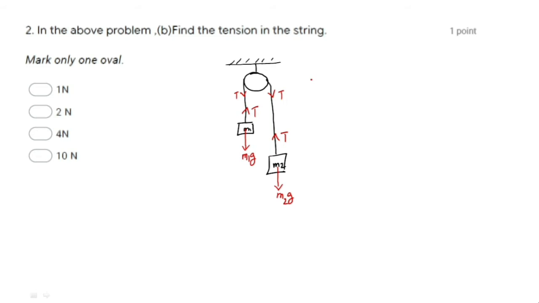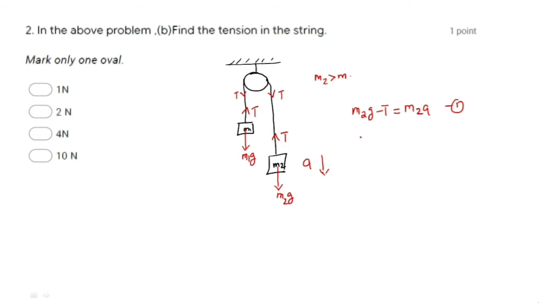As we already know, M2 is equal to 600 grams, so M2 is greater than M1. In which direction will the body now accelerate? That is downward. If you see the equation for M2, we can write M2g minus tension is equal to M2a, equation number 1.